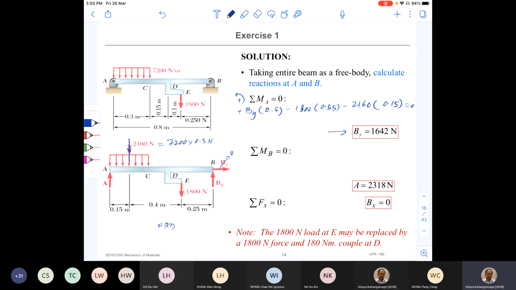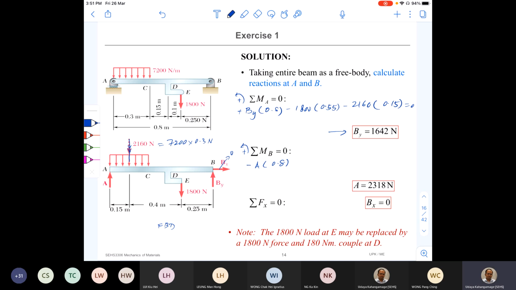You can check that. Okay, and similarly, can we write the sum of moments around B, and then find the value of A. So if I first write A, it creates a clockwise moment, therefore it is negative A times the distance 0.8, right?